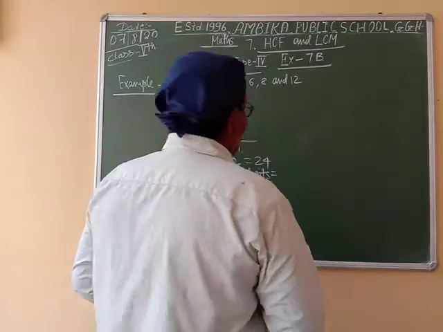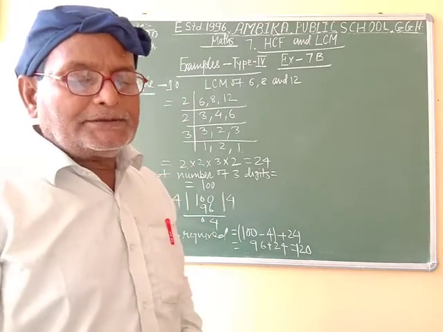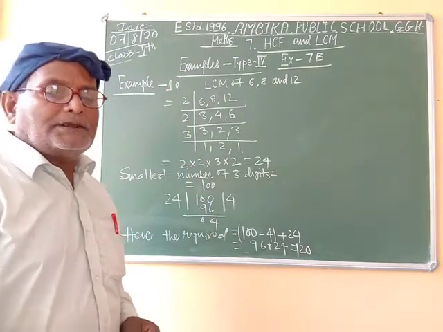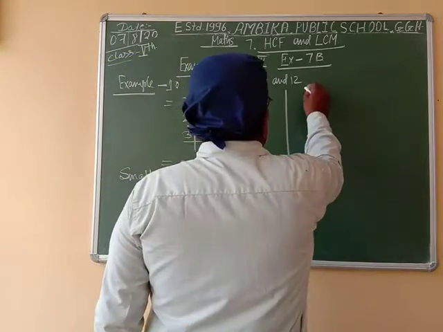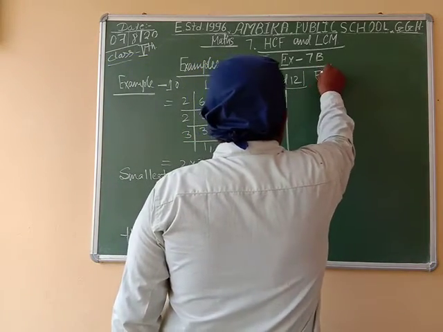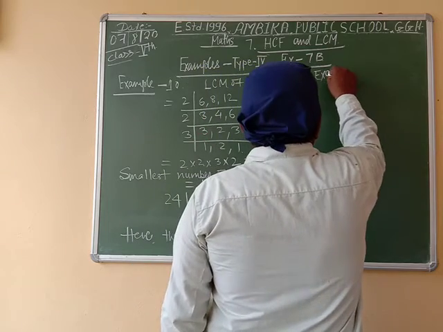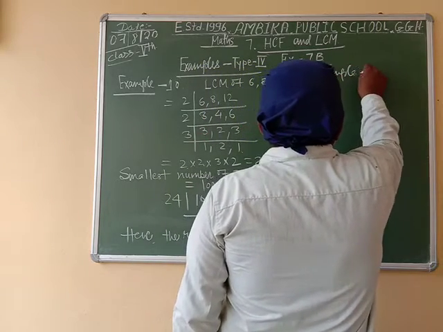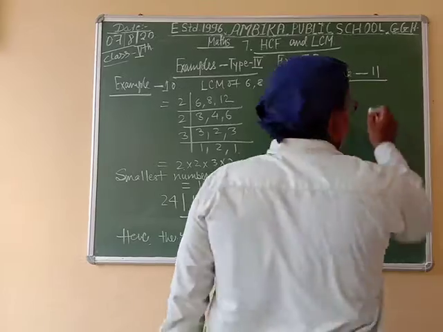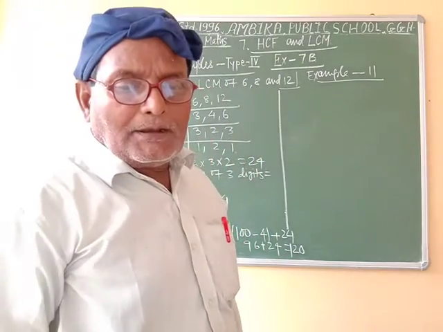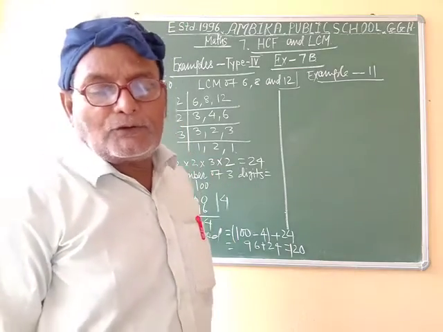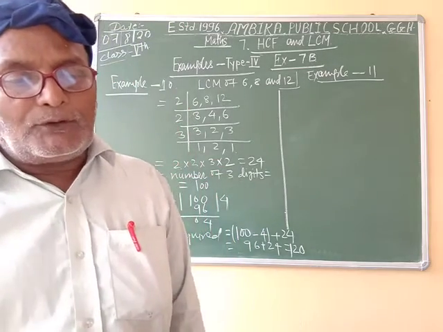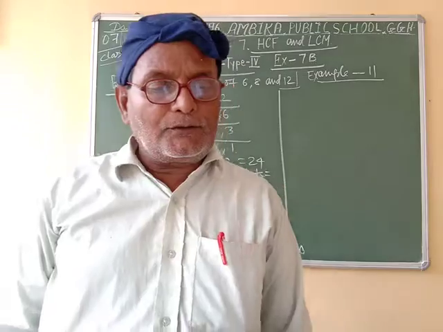In example 11, determine the largest 3-digit number exactly divisible by 8, 10 and 12. First of all, we find the LCM of 8, 10 and 12.